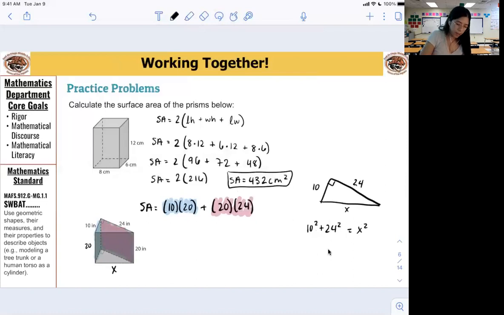We do a little bit of math. What's 24 to the power of 2? 576. Plus 100, that's 676. What's the square root of 676? 26.